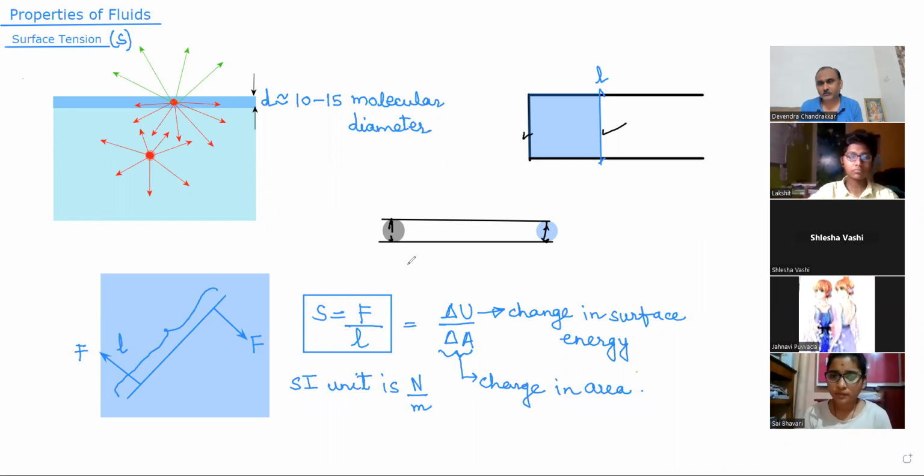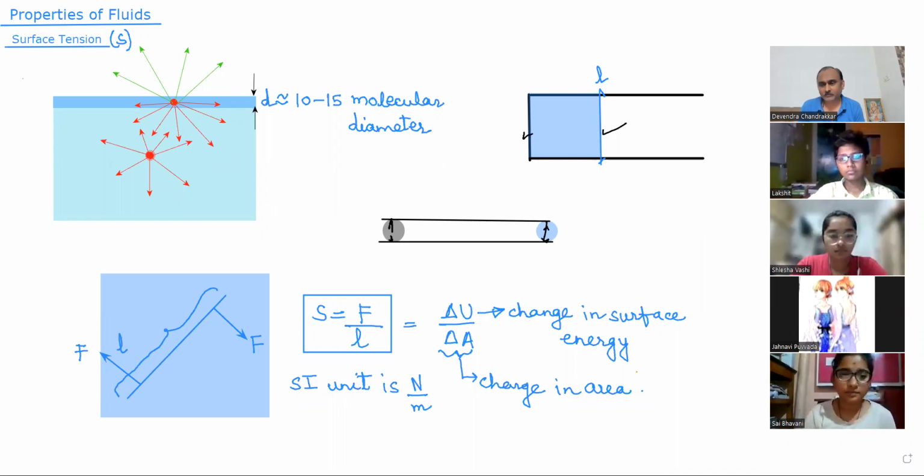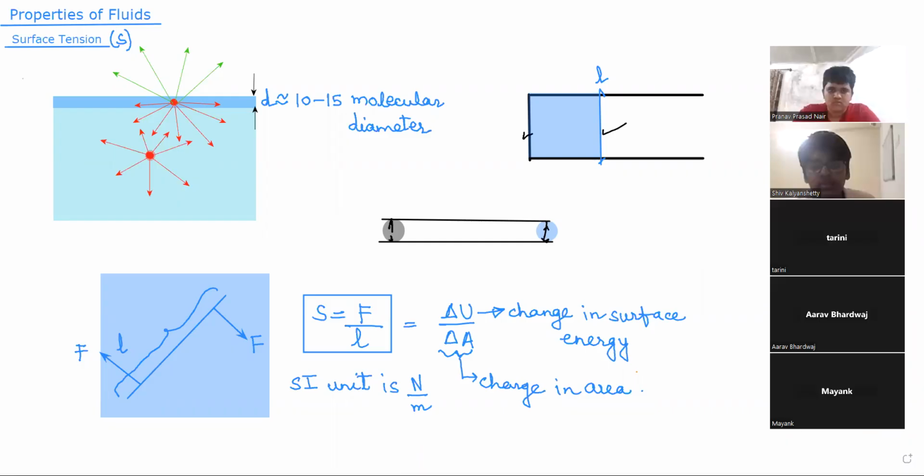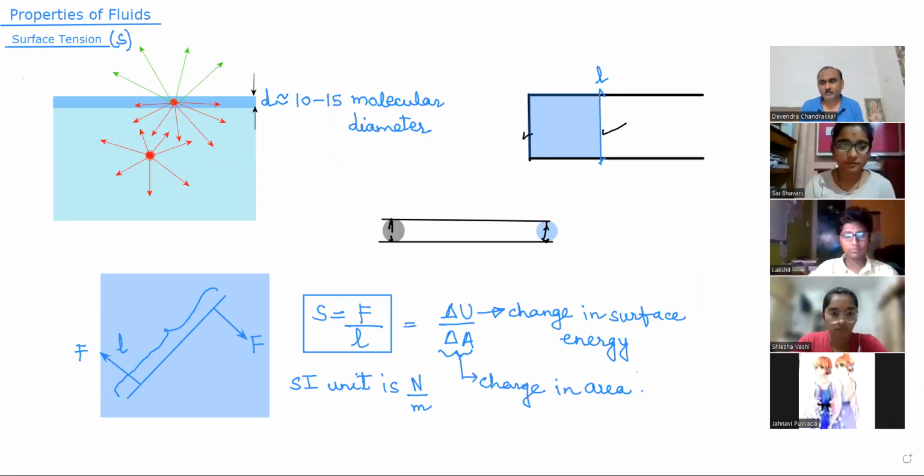Bhavani, Janvi? Yes, sir, can you please repeat this point? Length L and force F. See, surface tension is given as force per unit length. This diagram is the top view of this surface.